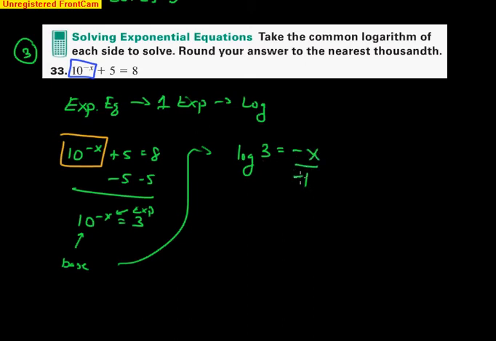And now remember, get rid of the negative by dividing by negative 1. That negative does not affect the 3, it goes in front of the log. Negative log 3 equals x. And now we can just use our calculator. No change of base formula needed. Sometimes you must use a change of base. And the negative of log base 10 of 3 is negative 0.477.